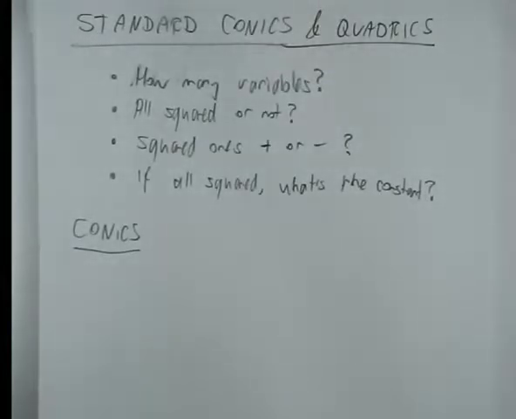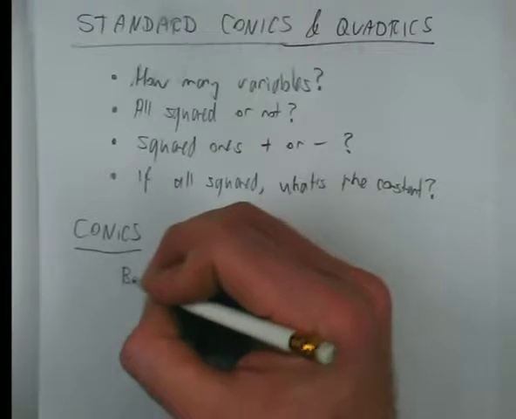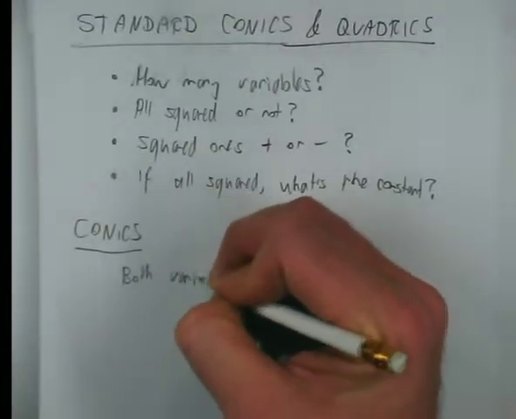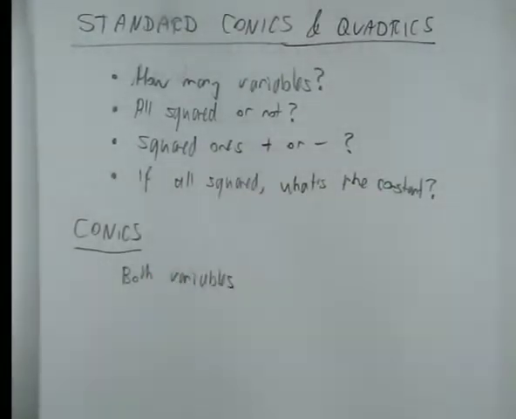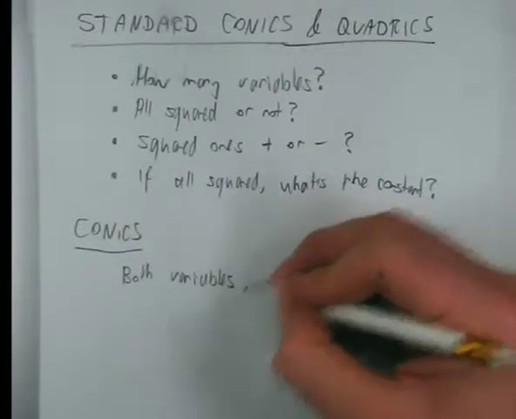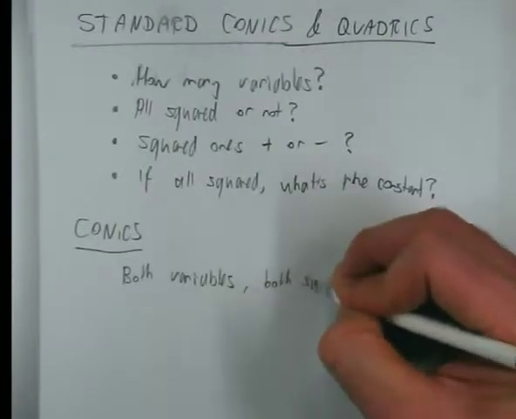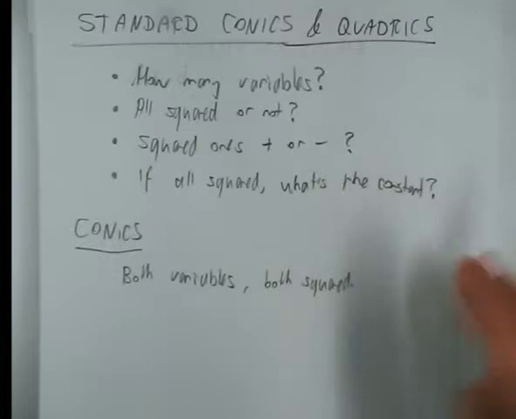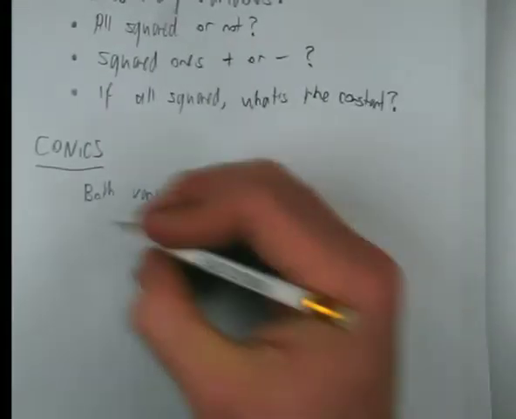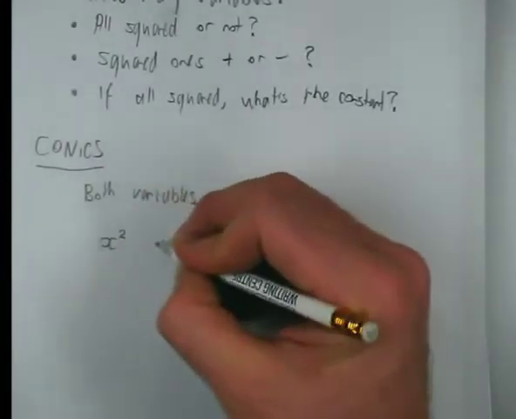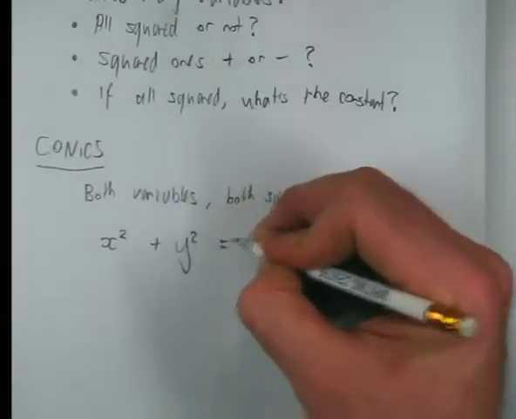And so the fundamental ones have all the variables there. Okay? So both variables are there and they're both squared. And so what you'll have is you'll have something like x squared plus y squared equals 1.